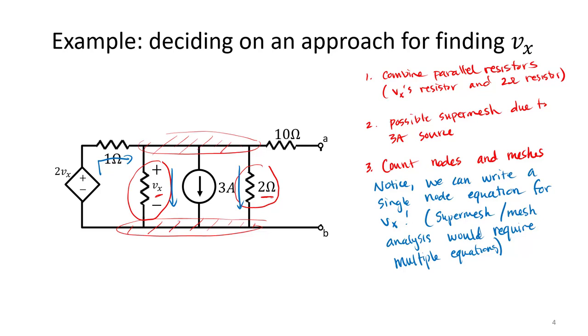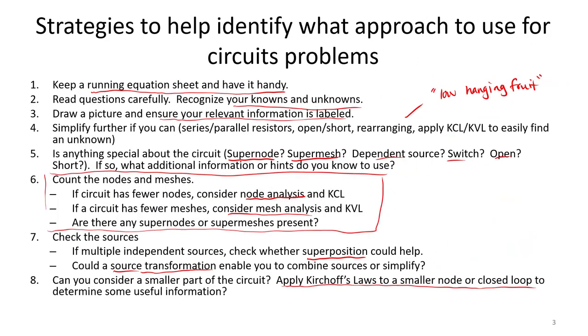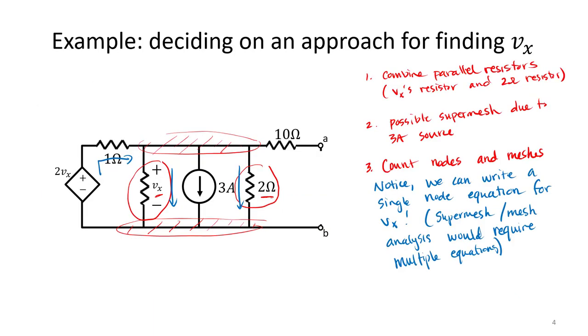And again, definitely keep practicing questions like this, as you will find as you have practiced more and more questions, being able to recognize these different tools will become easier and easier. Lastly, notice you could have also checked the sources, and some of these resistors could have also been source transformable.